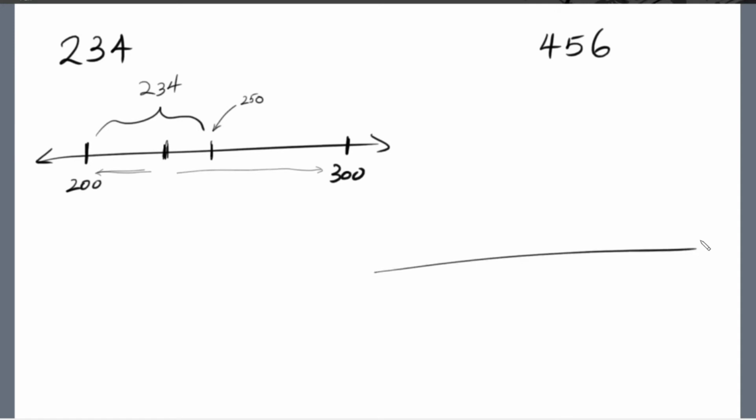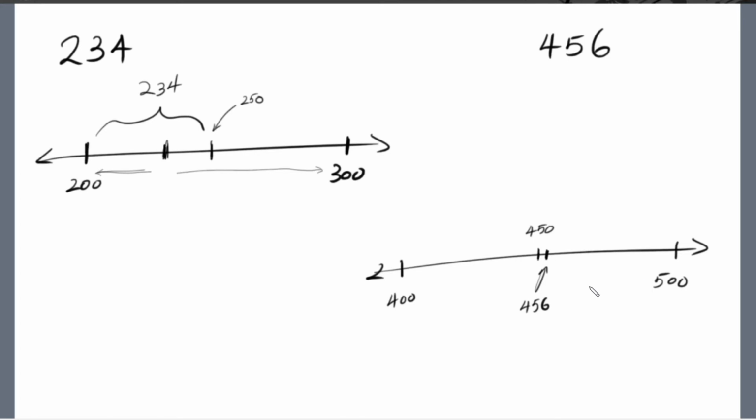Now something similar happens for 456. It's either going to be closest to 400 or it's going to be the closest to 500. And I know that 450 falls right there. 456 is bigger than 450, so we know it kind of falls like right there.